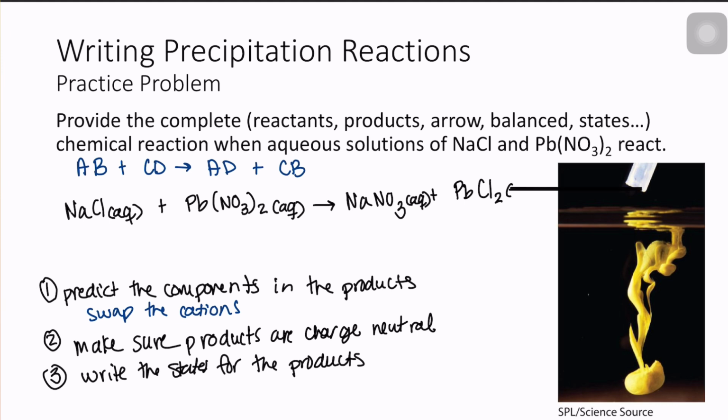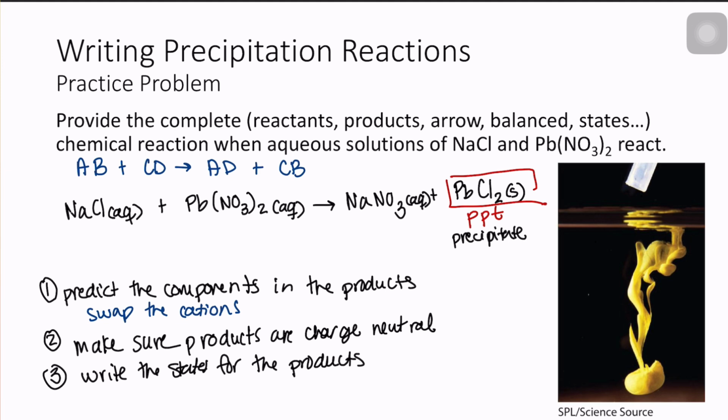So this right here, my lead 2 chloride, is going to be insoluble, so it is going to be a solid. So this solid right here, this lead 2 chloride, this is my precipitate. PPT is an abbreviation for precipitate.